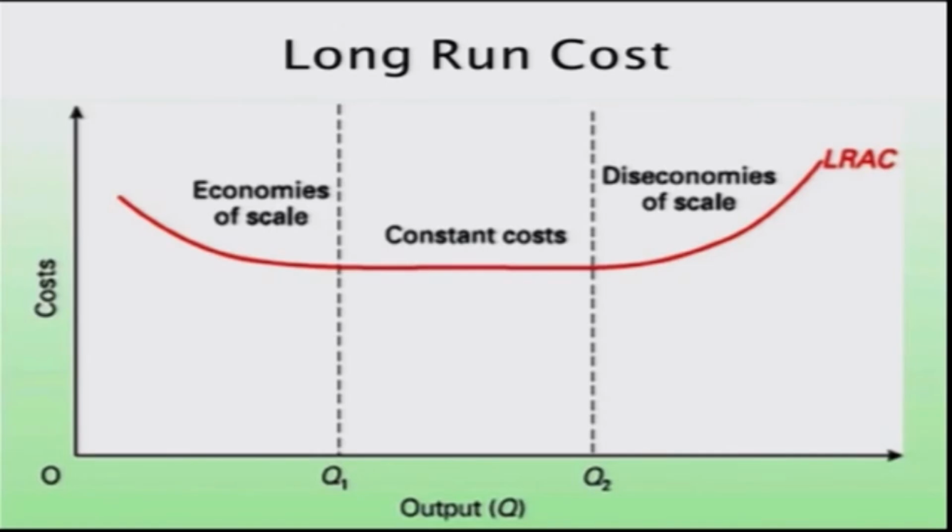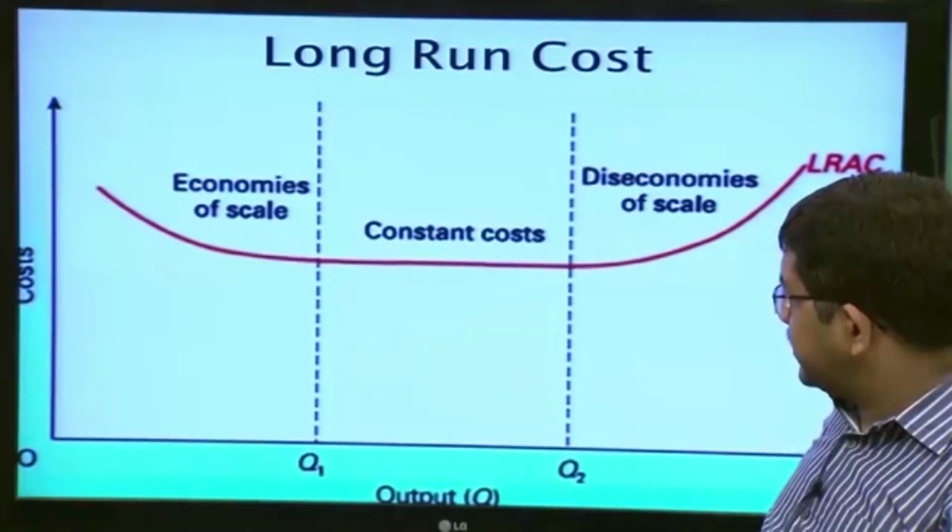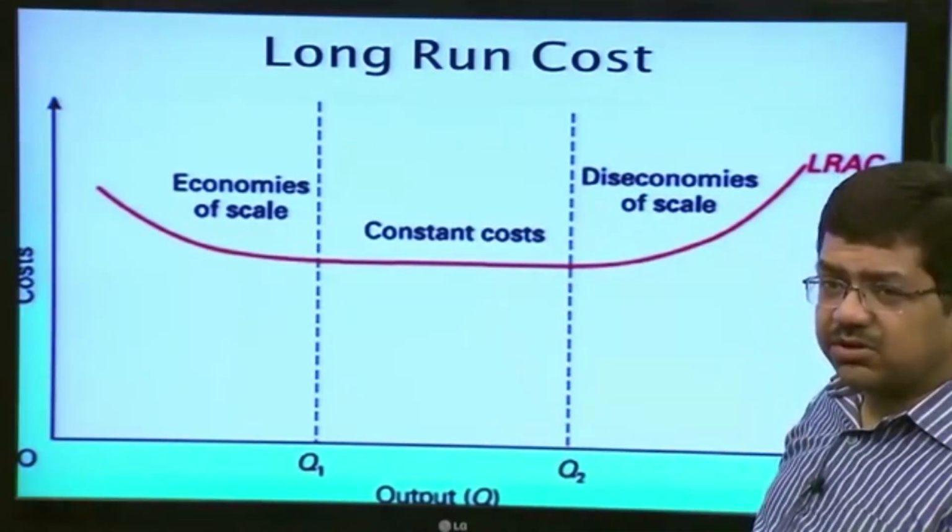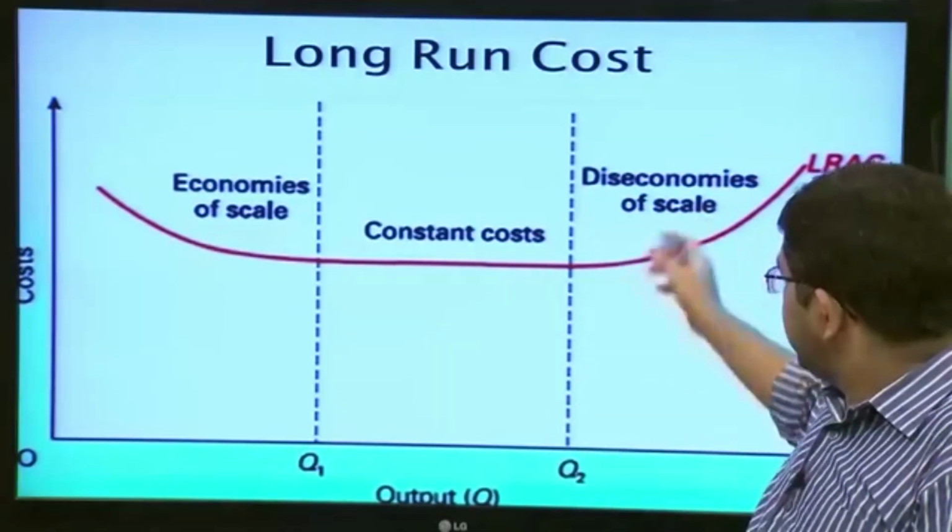In the first part, economies of scale is the part where your fixed cost goes down very sharply. The more units you produce, the unit fixed cost goes down, and that is where economies of scale is achieved. Then you have a level of constant cost, and after that you have diseconomies of scale.